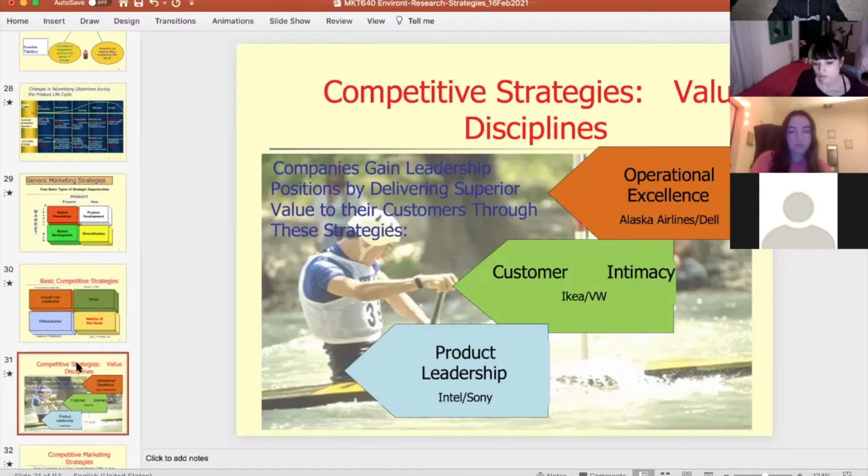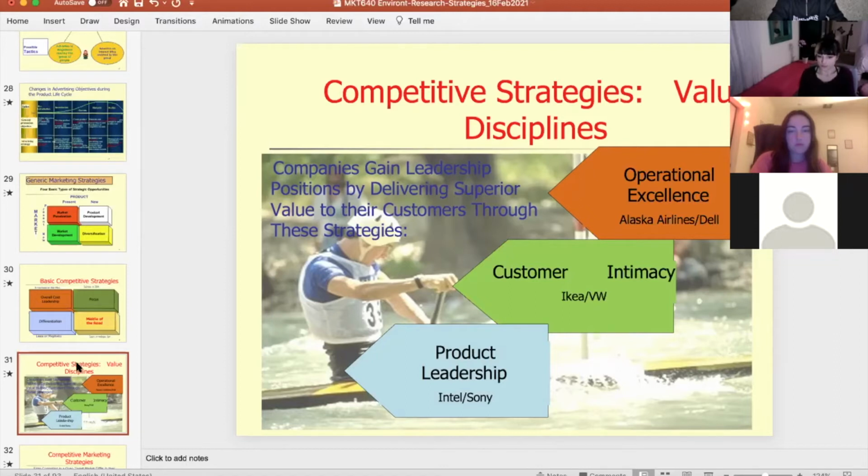Product leadership, this one I can explain very quickly and simply, is when you want to have the most innovative product, like the best product. The product which is considered to be the most advanced, the stereotype product in this category.